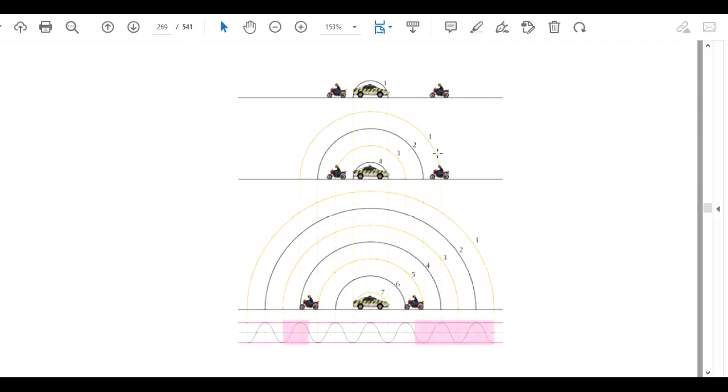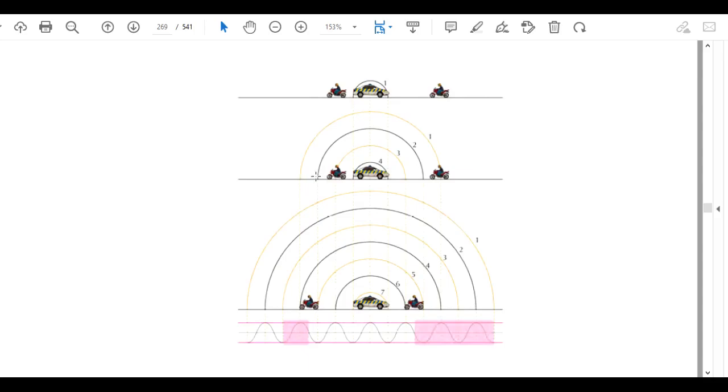Now, if this is the crest, the yellow, and this is the trough, and wave number two is this crest and this trough, and then a trough and crest. You'll notice that as the person on the left moves away, how many waves will he experience from his position?